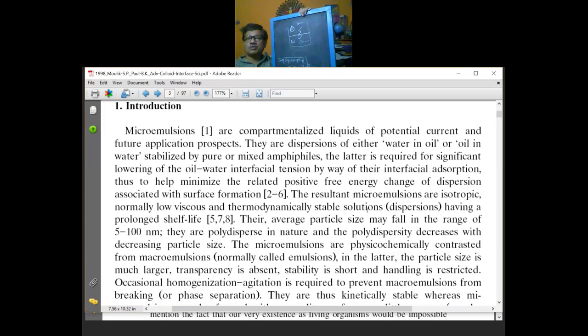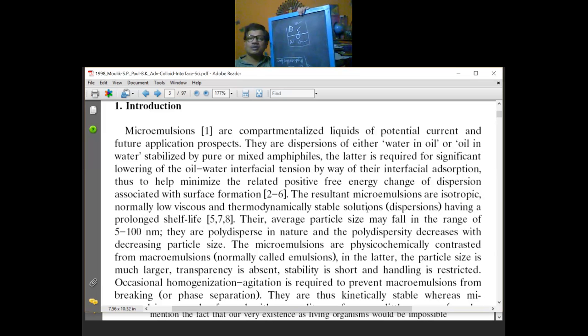The hydrophilic head group doesn't like to stay in oil. So what would be the most preferable orientation? The surfactants or amphiphiles or the detergents, whatever name you give them, will try to stay at the oil-water interface.